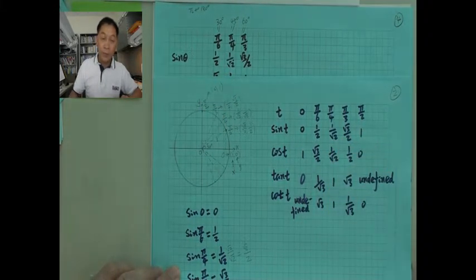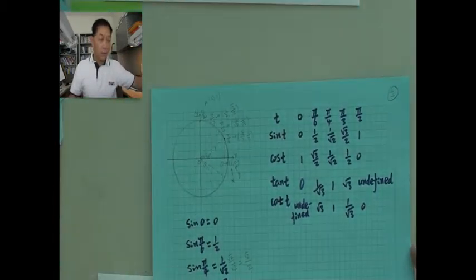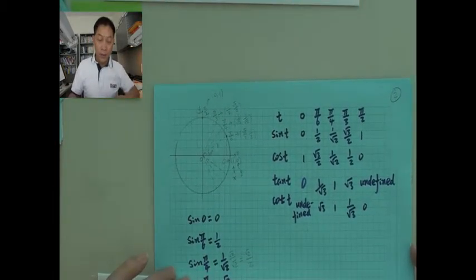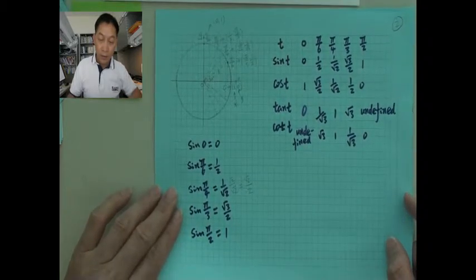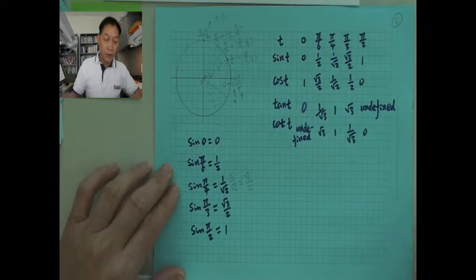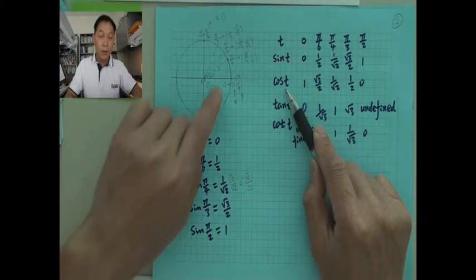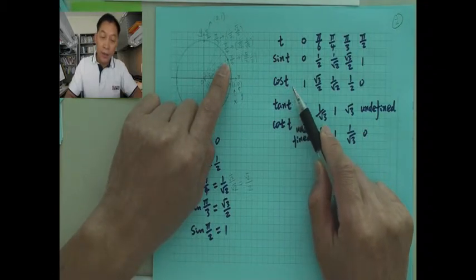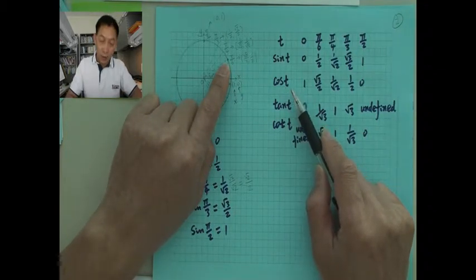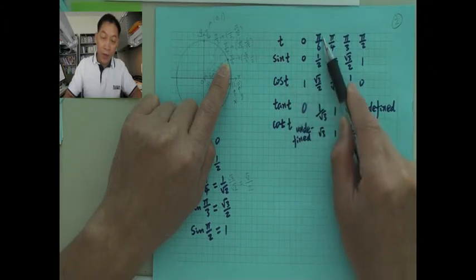Okay? So now I can take this away. Alright. And then you may look at that this way. Okay? So you can see cosine. Cosine, you should look at x. So cosine t choose pi over 6.